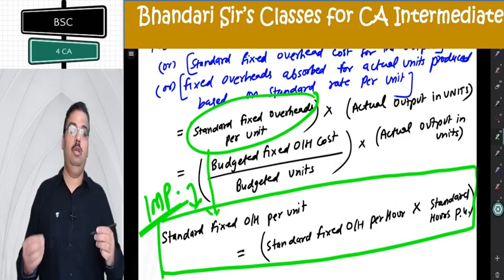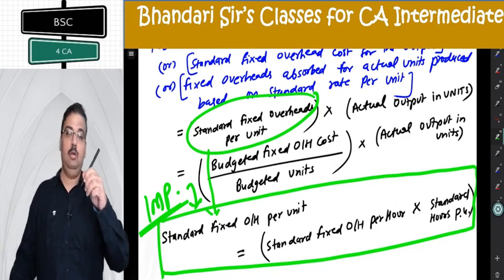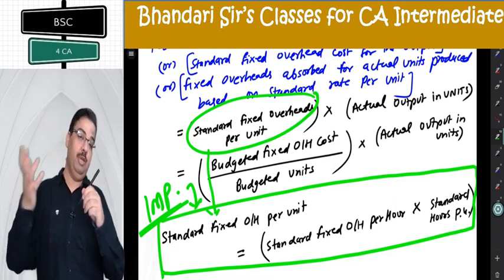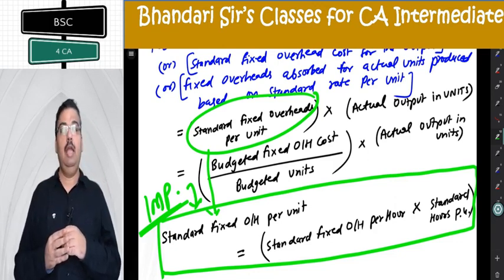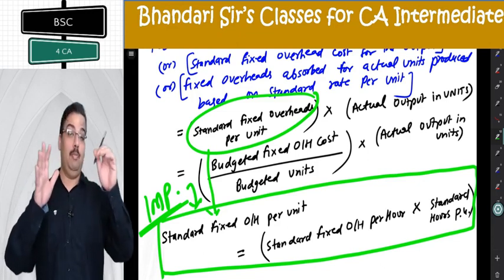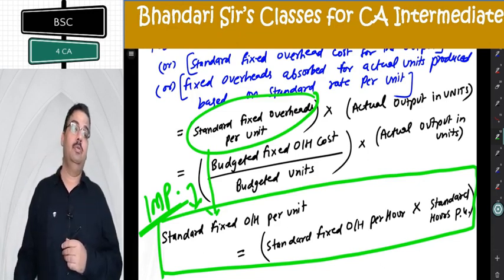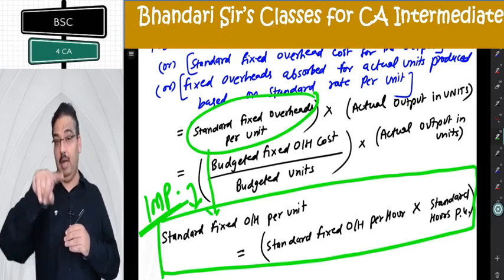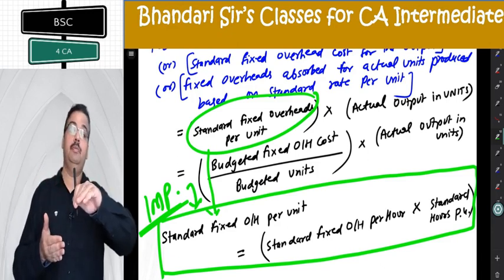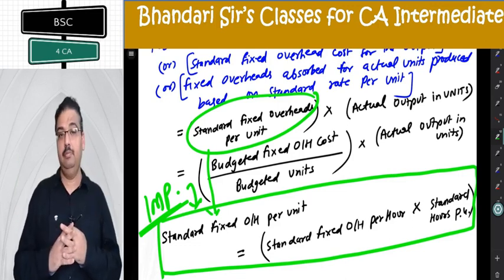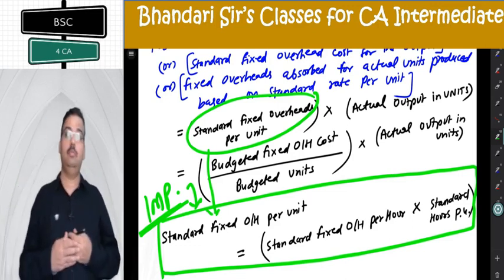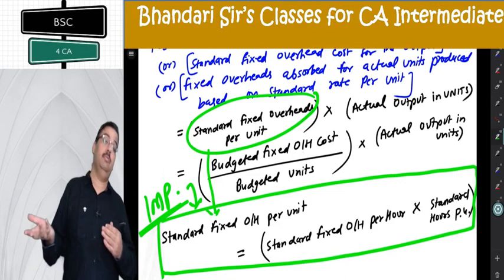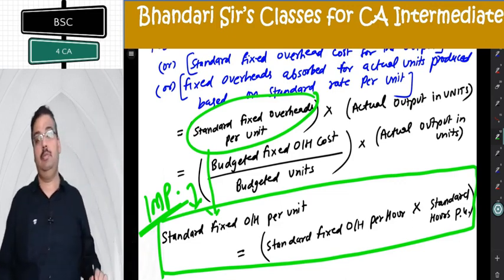If in making this marker the cost per hour is 5 rupees and it takes 2 hours to produce one marker, so for one marker the cost is 10 rupees. 5 per hour and 2 hours per unit makes 10. That is written here. In logic it is easier. Learning a formula is something else.